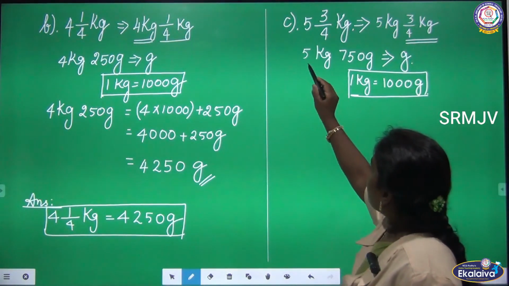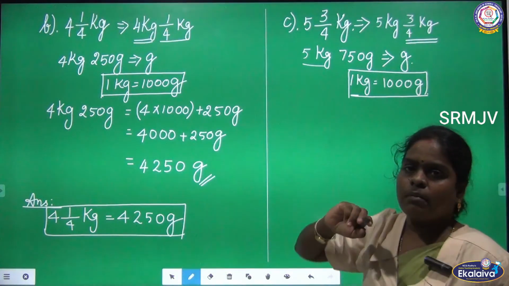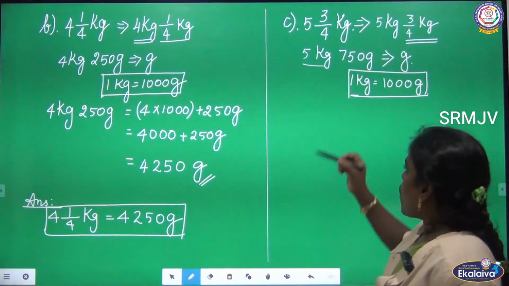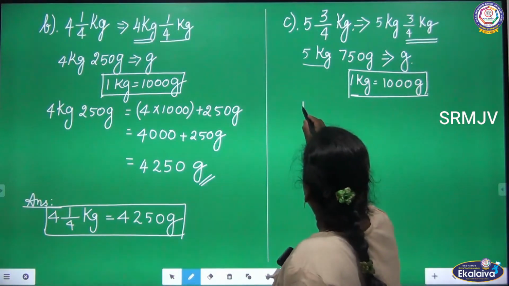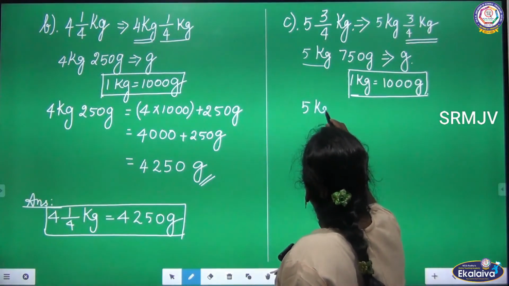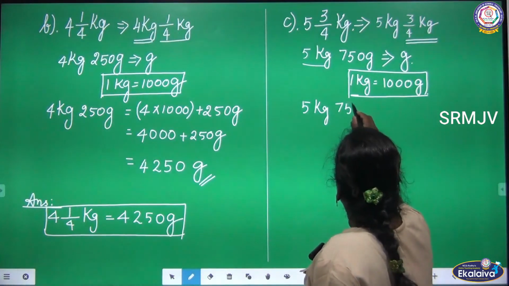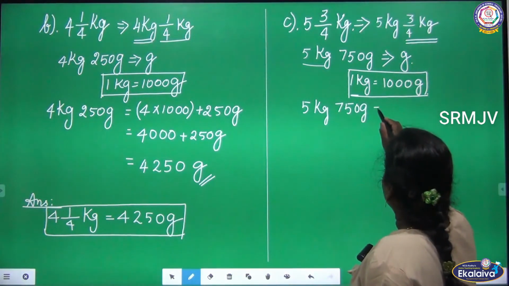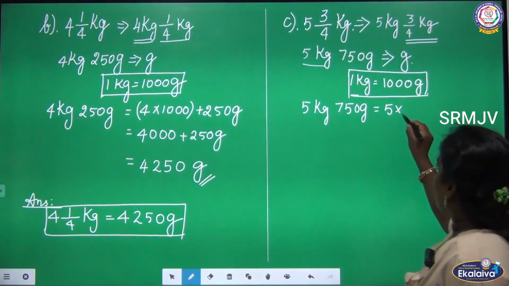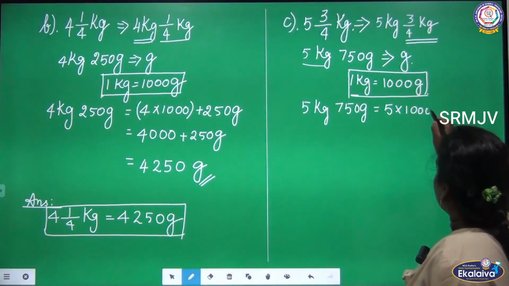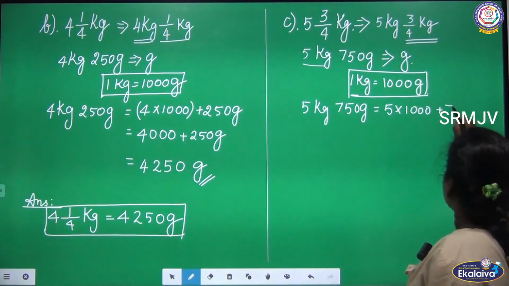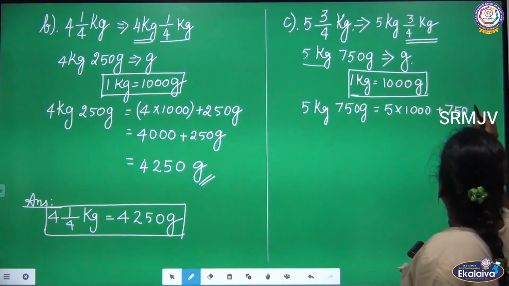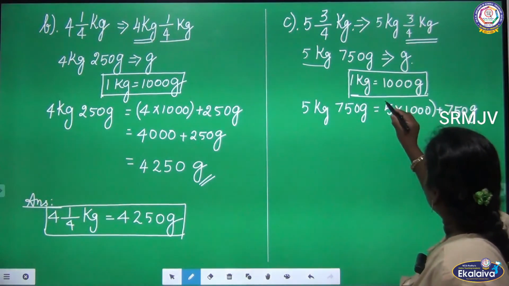First we have to convert 5 kilogram into gram. With the product you have to add the number 750. So here we have 5 kilogram and 750 gram. So multiply 5 by 1000. Then add the number 750 and the unit is gram.